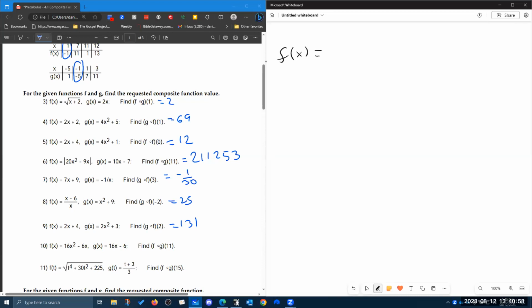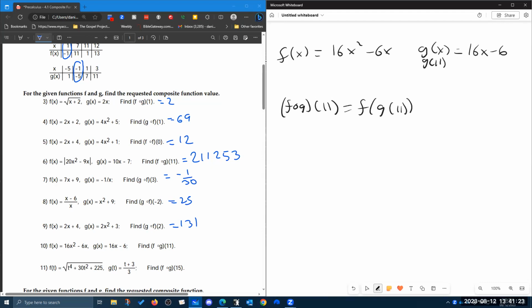f of x is equal to 16x squared minus 6x. g of x is equal to 16x minus 6. We should find f of g of 11 now. So that's f of g of 11. g of 11 is 16 times 11 minus 6.